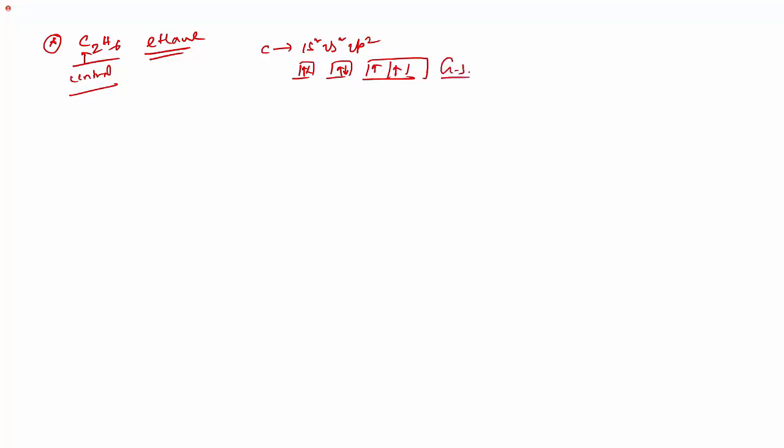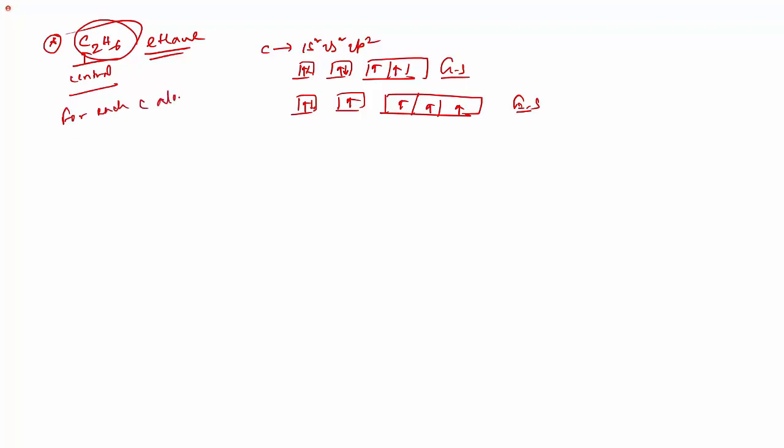This is for the ground state, but in the case of the excited state, this is the electronic configuration in the excited state. So for each carbon, we have 3 hydrogen atoms. For the 3 hydrogen atoms, we need 3 unpaired electrons.